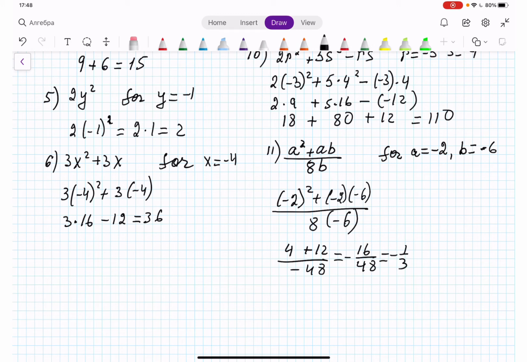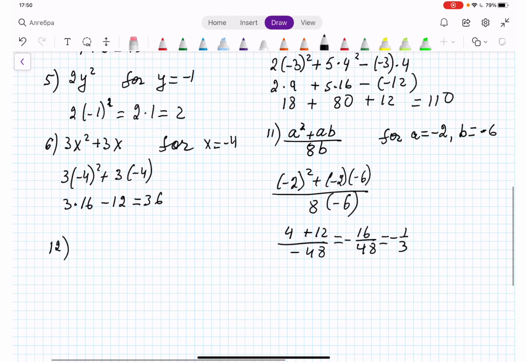Okay, next number 12. What do we have? Xenon changes from a solid to liquid at negative 169.24 Fahrenheit. So temperature is equal negative 169.24 degree Fahrenheit.